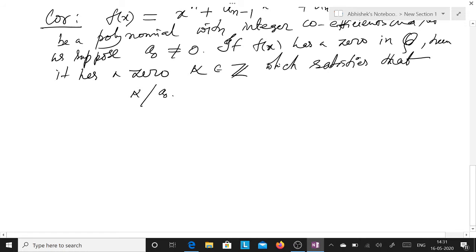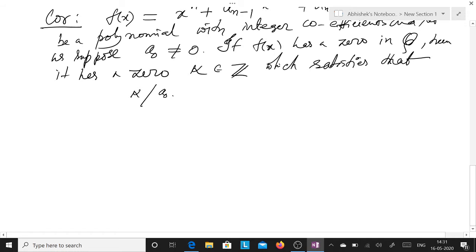That is, the possible integers that are zeros of that polynomial are those which are divisors of the constant coefficient a_0. So this corollary has an important feature which will give you a beautiful possibility to test the irreducibility of f(x) over Q.